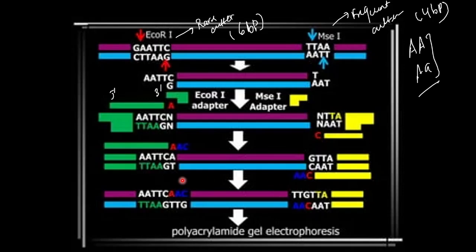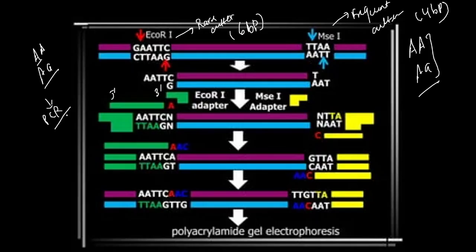But again, this particular AFLP is dominant in nature. What does it mean? It cannot differentiate between capital A capital A and capital A small a, because this is a PCR-based technique. Even if one A is present, the amplification is going to be there and you will see the band.